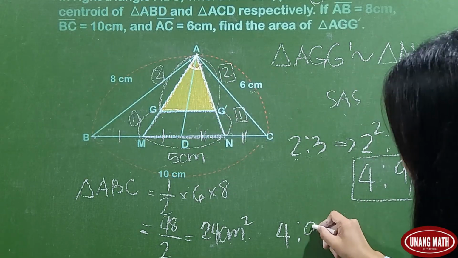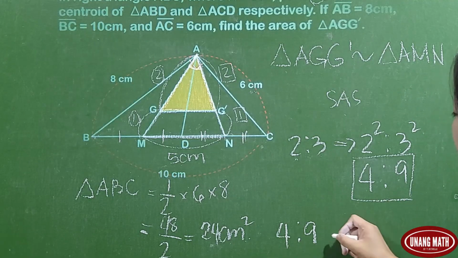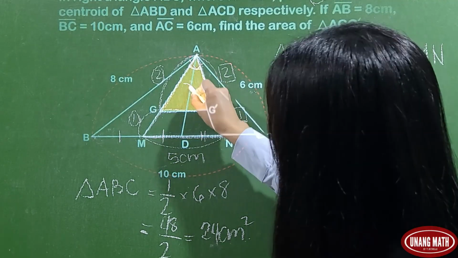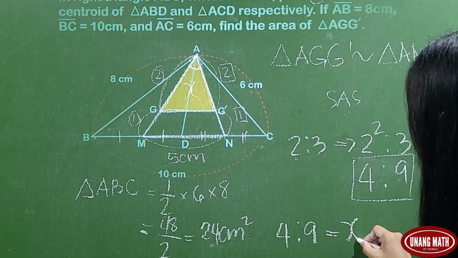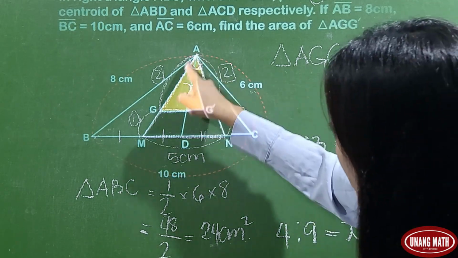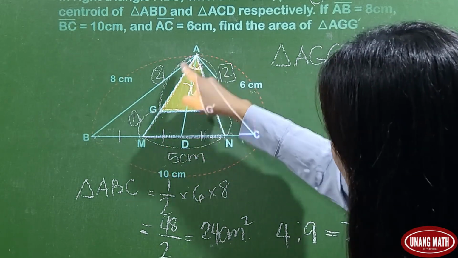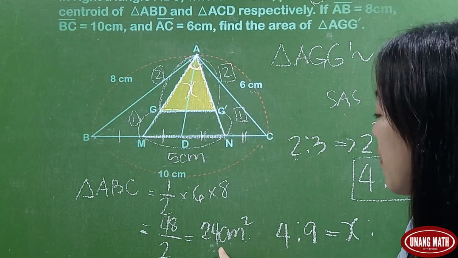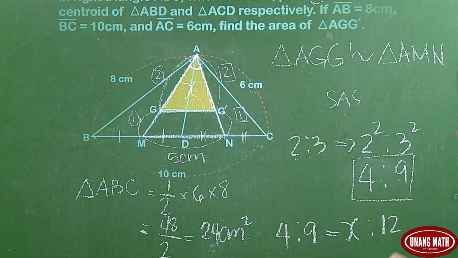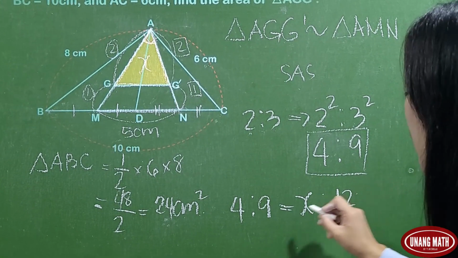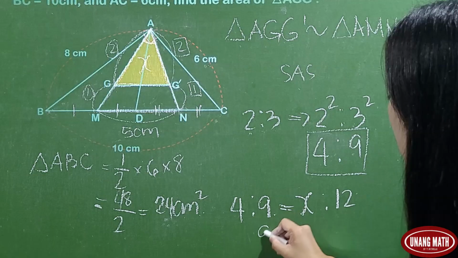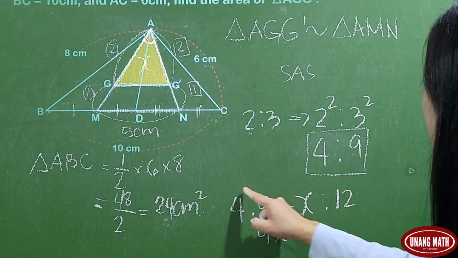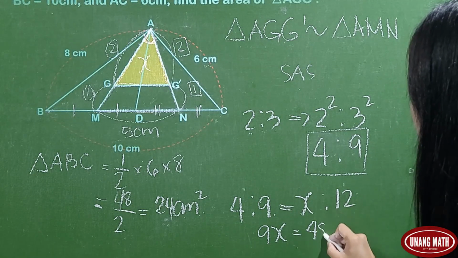We are going to use this ratio 4:9. Let's say this is x. So x is to the area of triangle AMN, which is half of 24, that is 12 square centimeters. So this is now 9x equals 48.